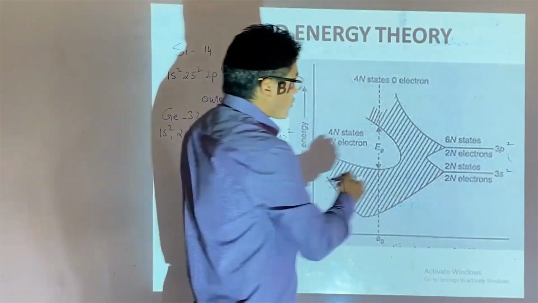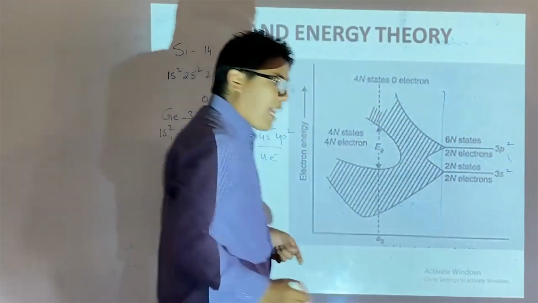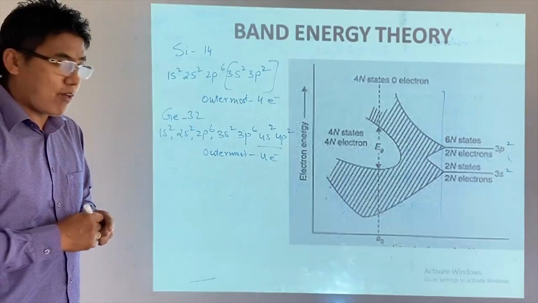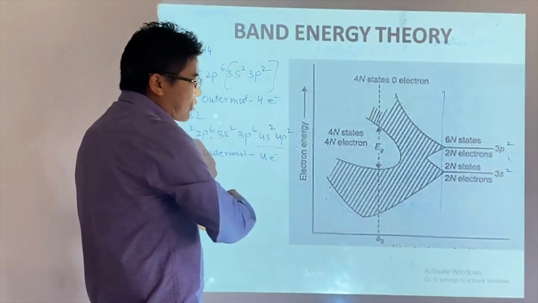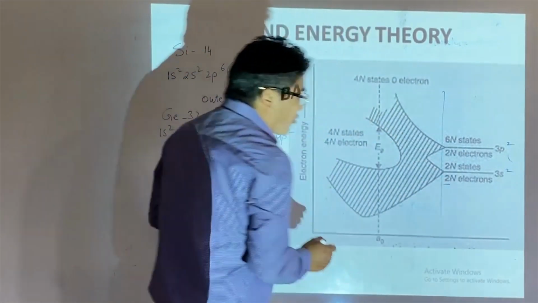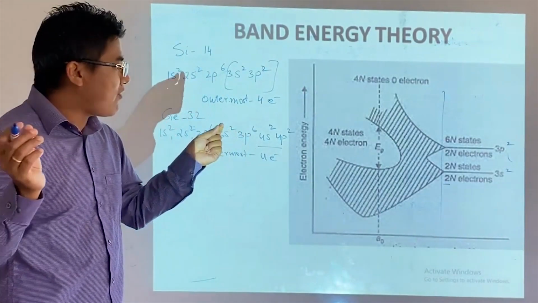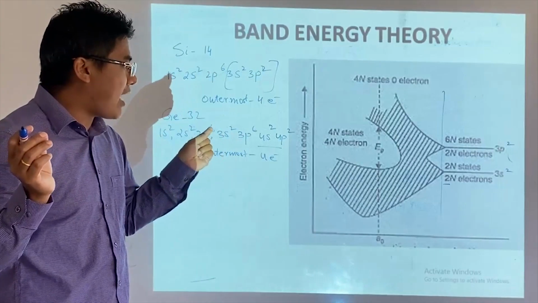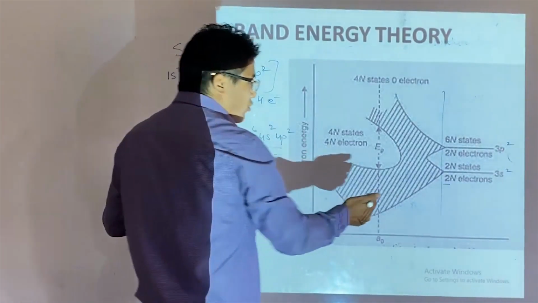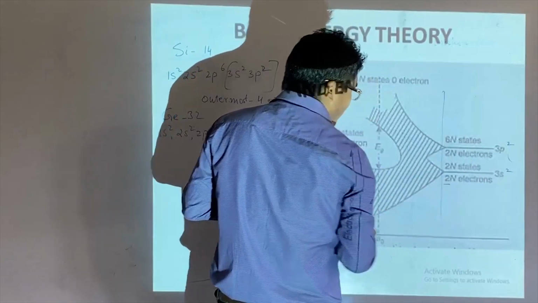This is for an individual atom. 2 is the number of electrons, and n is the number of atoms. If I have n individual silicon atoms, the outermost shell is going to have 2n, and this is what we have.